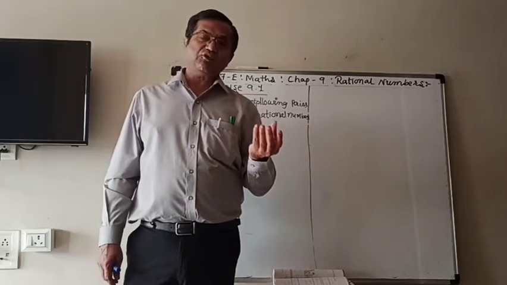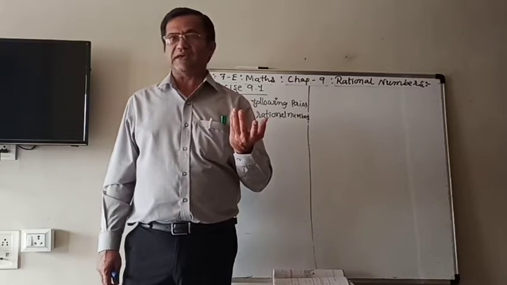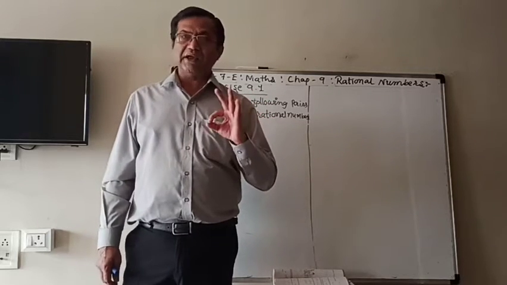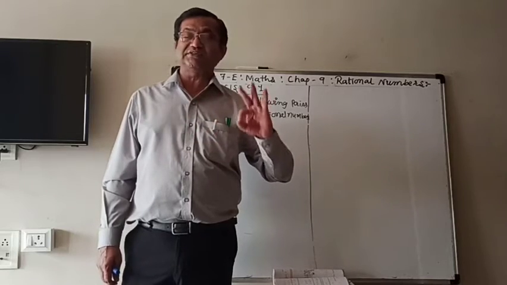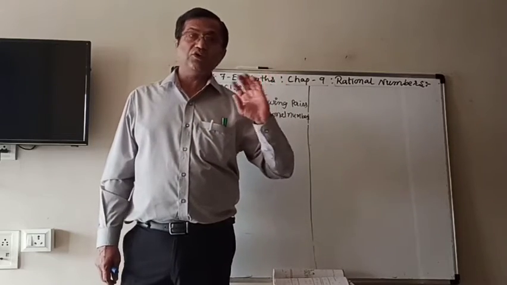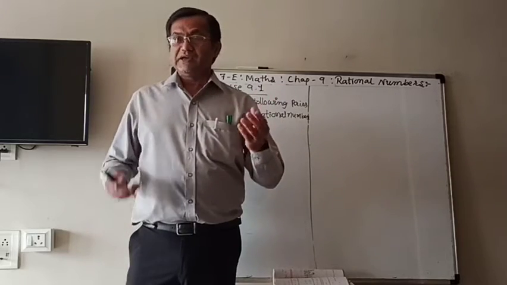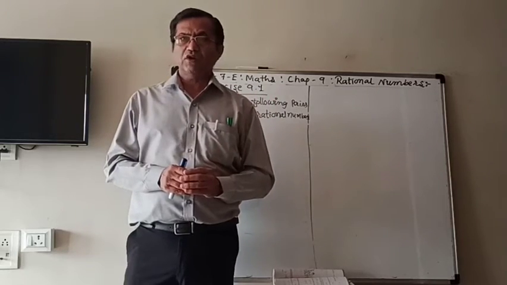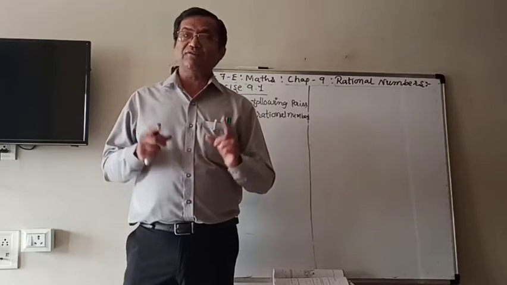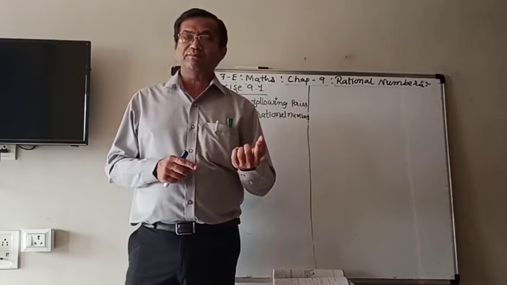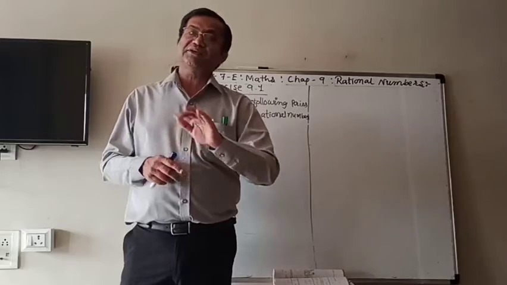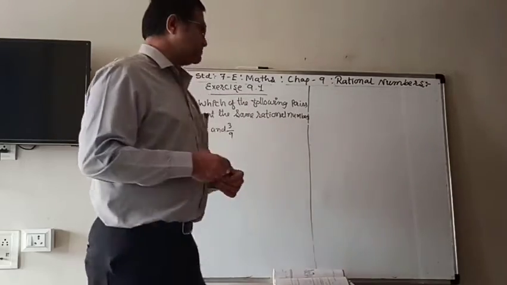If one is positive, one is negative, they cannot represent the same rational number. So that time you don't have to do anything, just write down that they have different signs, so they cannot be the same. If they have the same sign, then first of all we have to convert one of them such that it can be represented as the same one. So let us start with first one.